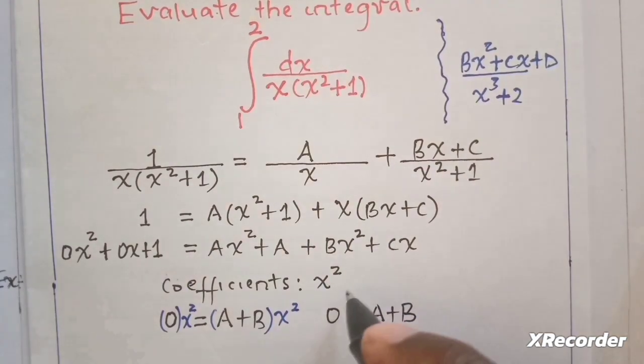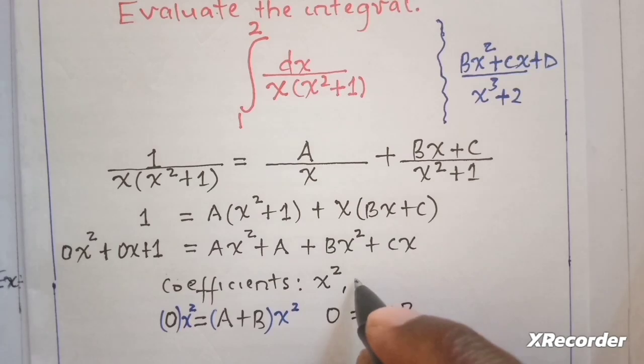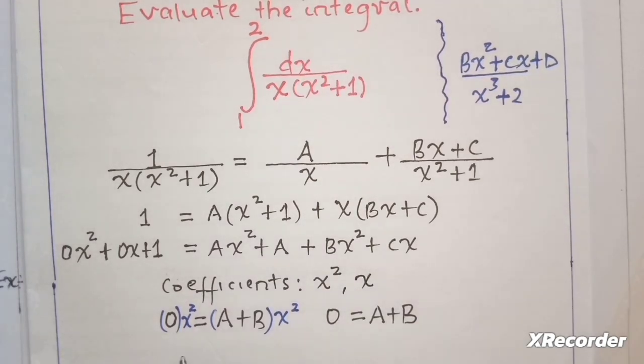Let's now go to the coefficient of x. The coefficient of x on this side is going to be 0, with the variable x there.